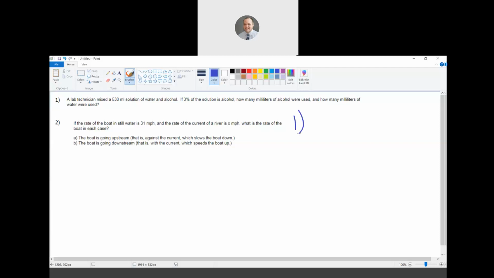So to find the amount of alcohol, we just multiply 3% or 0.03 times 530 milliliters. So when we do that, we get 15.9 milliliters. We also need to find the amount of water.